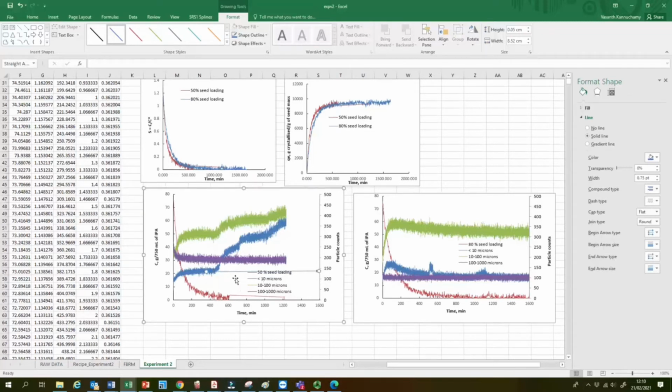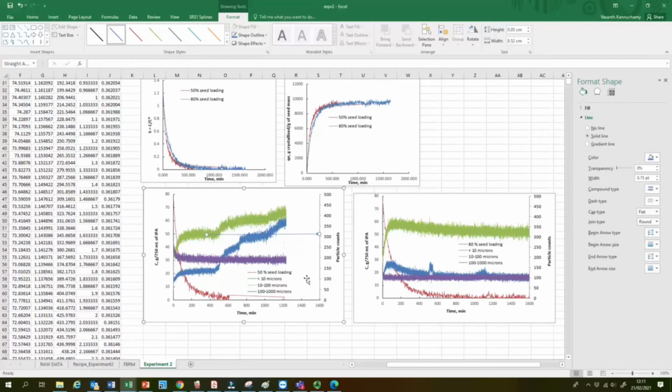What it says is that for particles roughly less than 10 microns, the number of counts is roughly around 140, and for the case of 100 to 1000 microns, the number of particles is approximately 200, and when we started the experiment, the number of particles is roughly around 310.